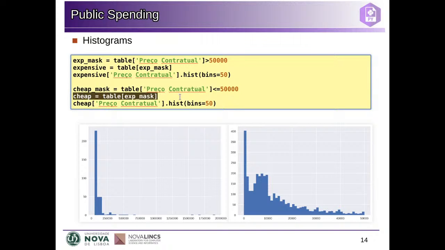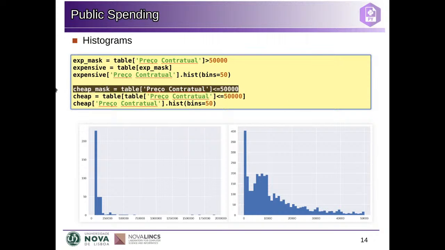We create a new mask for these. We select the rows. So actually you could do this like this, omitting this line. You don't need this line, but the difference is that if you do something like this, if you have very long expressions, the code starts to get confusing. With this solution, you can actually use the name of the mask.